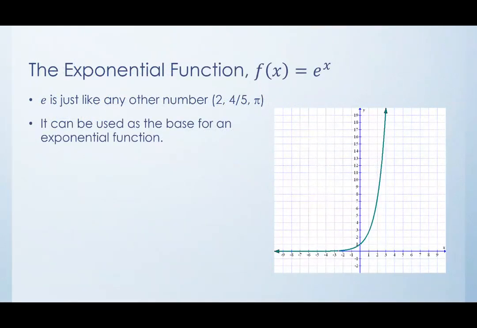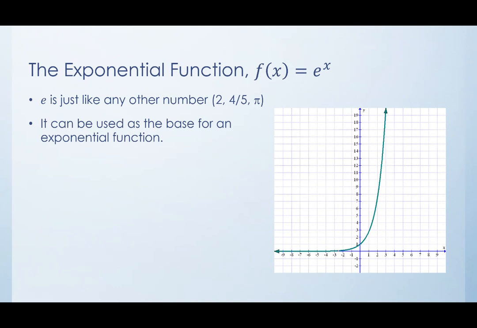So the exponential function e is really just like any other number. It just doesn't look like a number, and I know that makes some of you uncomfortable, but it's just like 2 or pi or a fraction, 4/3, whatever. So we can use it. It's positive, it's not equal to 1, and so we can use it as the base of an exponential function.